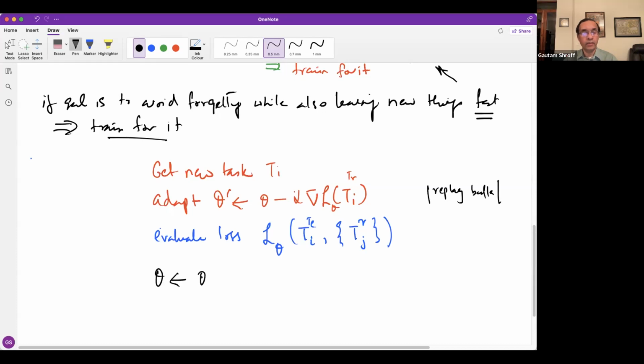And then you say theta minus beta times the gradient of the loss on theta. It's exactly like MAML in that sense. Let's give it a name.